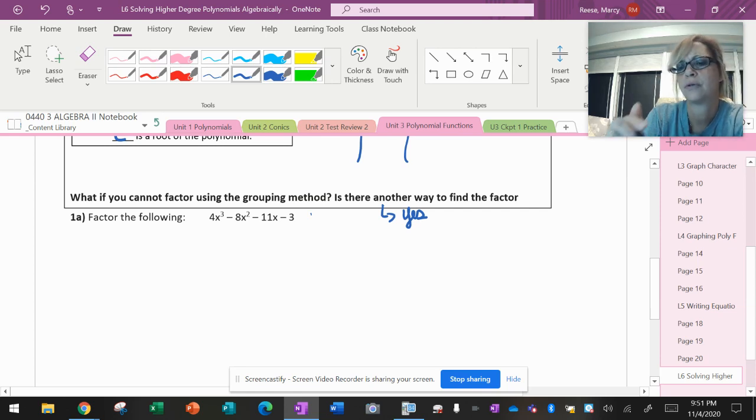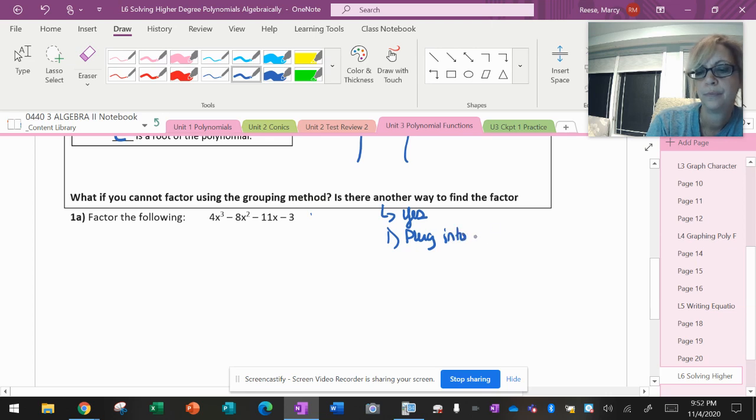Let me go through all the steps here. So I said yes, I plug into y1 in the calculator and find a root.